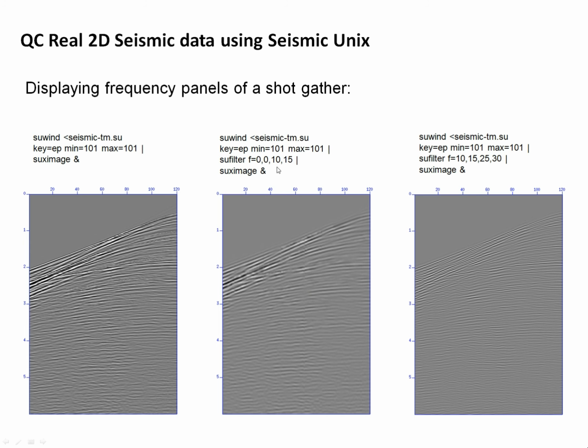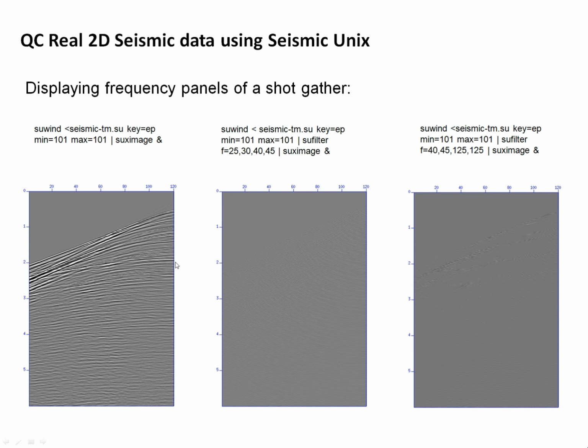So here you have got up to 10 Hertz, and here you have got from 15 to 25 Hertz, and this is the full bandwidth of the actual shot. And then in the next slide you have got 30 to 45 Hertz, and then 45 to 125. So all the higher frequencies are here. You need to scale the higher frequencies in order to visualize them, which is not done at the moment here.